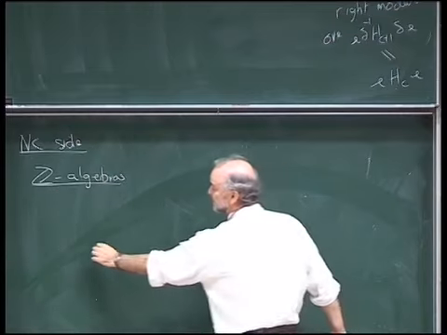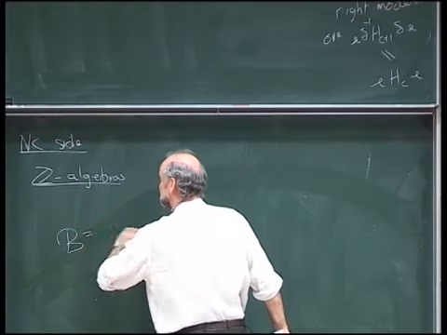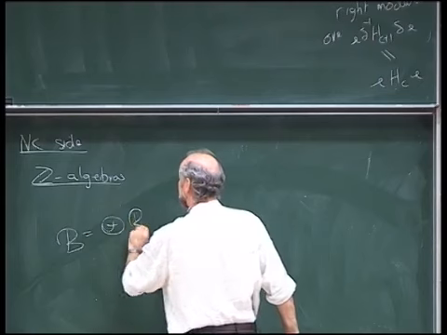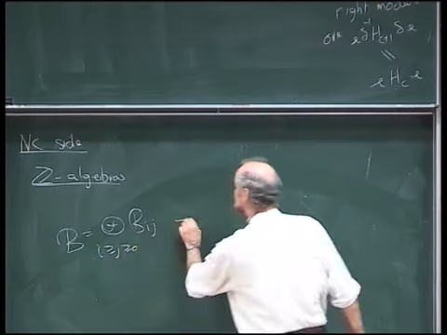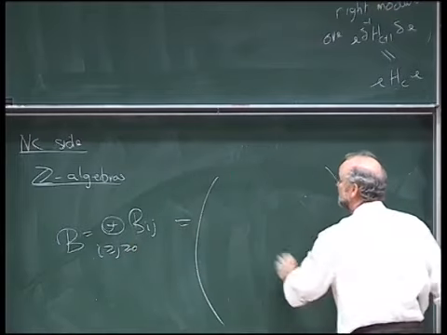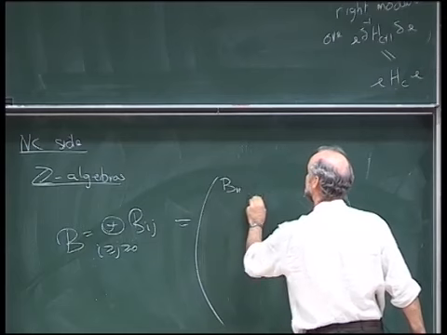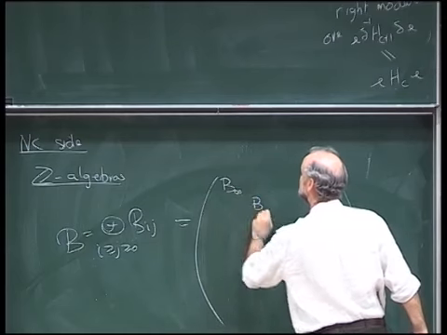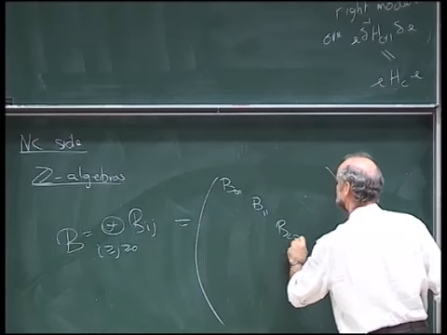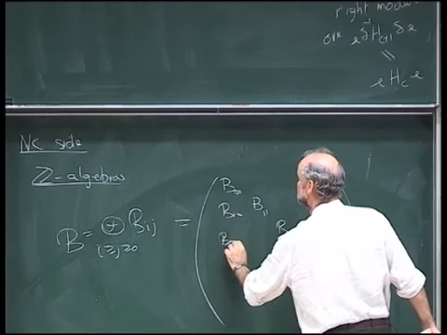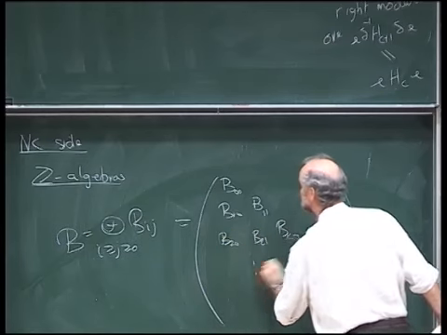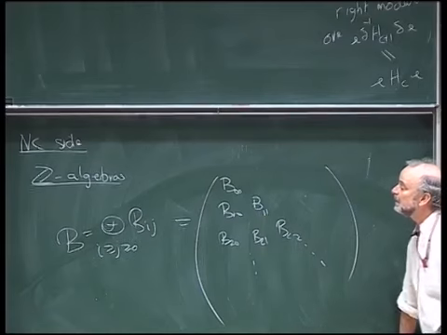So I do the following ring. The direct sum of B_ij, i greater or equal to j, greater or equal to 0, which I want to think of as an enormous lower triangular matrix ring, starting at 0, and then B_10, B_20, B_21, and so on.